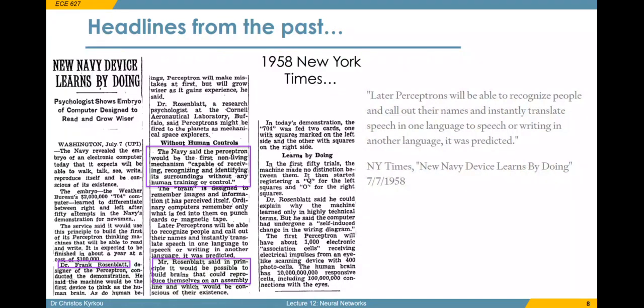So basically, this is an article from the time. The researchers developed machines that were able to learn like humans, and that human knowledge is achieved by a machine, and they were able to learn by doing.